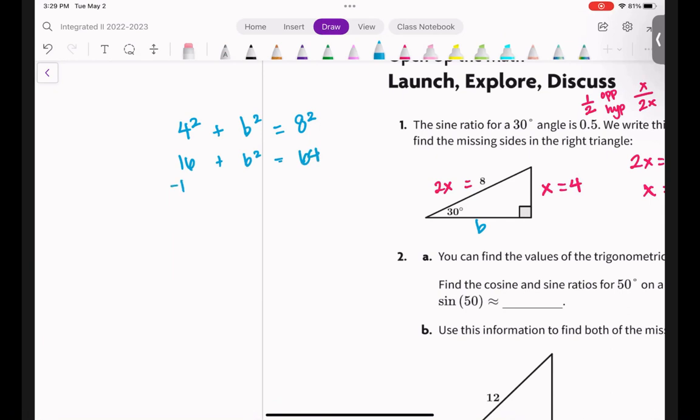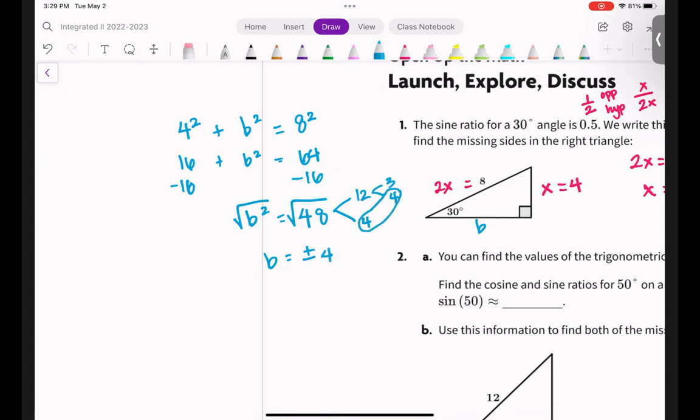And then I'm going to subtract 16 from both sides. So I get b squared equals 48. And then I'm going to take the square root of it. And then we're going to say b is equal to plus or minus. 48 is 12 times 4, and 12 is 3 times 4. If I'm looking for pairs, I have a pair of 4s right there.